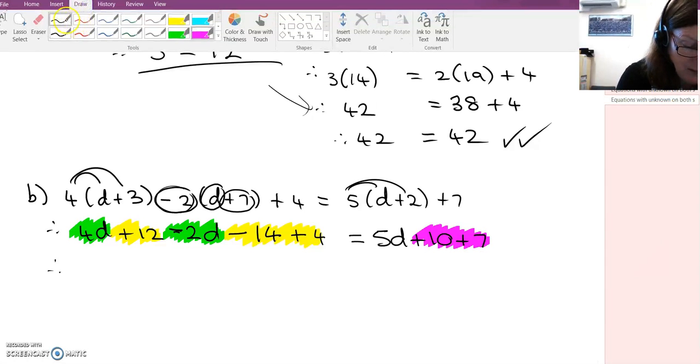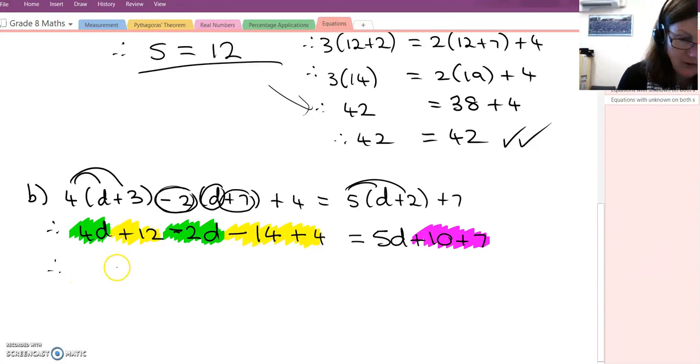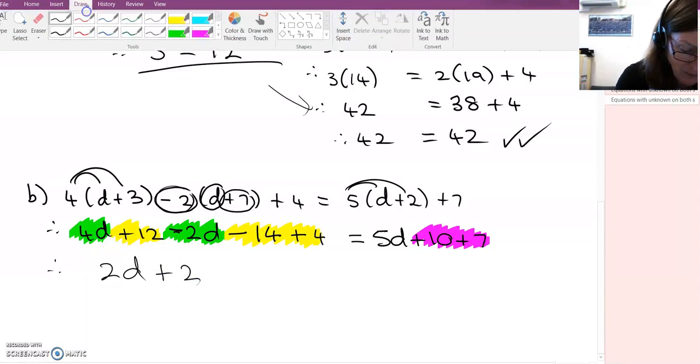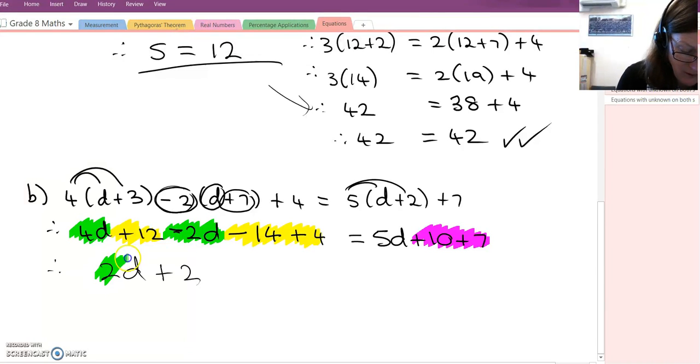So what I'm going to do now is combine my like terms. So the things in green, 4D subtract 2D is 2D. Then I have 12 subtract 14, which is negative 2. Negative 2 plus 4 is 2. So basically the green, when I've combined the like terms, has become that. When I've combined my yellow like terms, that's what I've got.